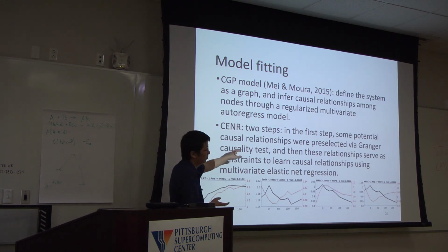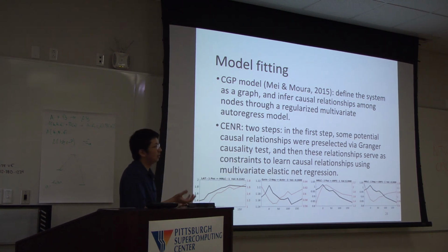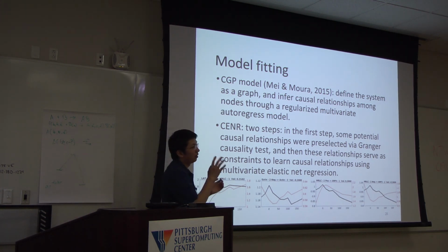Because this test is a binary test, it will only return whether there is a cause effect or not. But we want to learn a relationship that has strengths, that uses some continuous variables to represent how strong the probability of the cause and the effect relationship is.